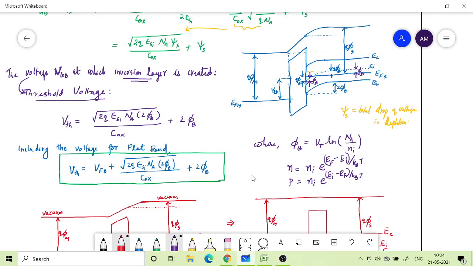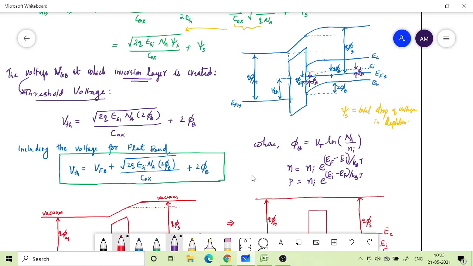Ni is like 10 raised to 10. If this factor is going to be 10 raised to 6, then the hole concentration is going to be 10 raised to 16 per centimeter cube. Similarly, you can achieve the same concentration of electrons at the interface if you bring EI below EF by the same amount it is above EF in the P region.